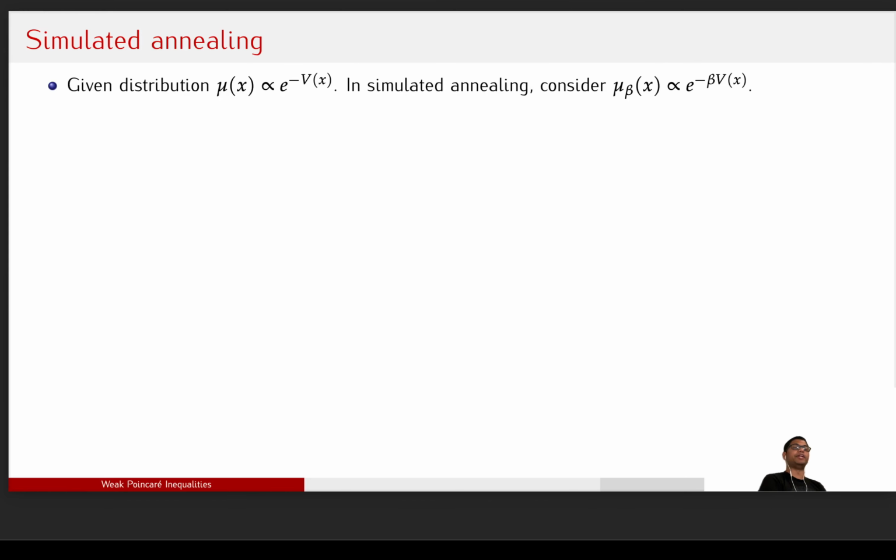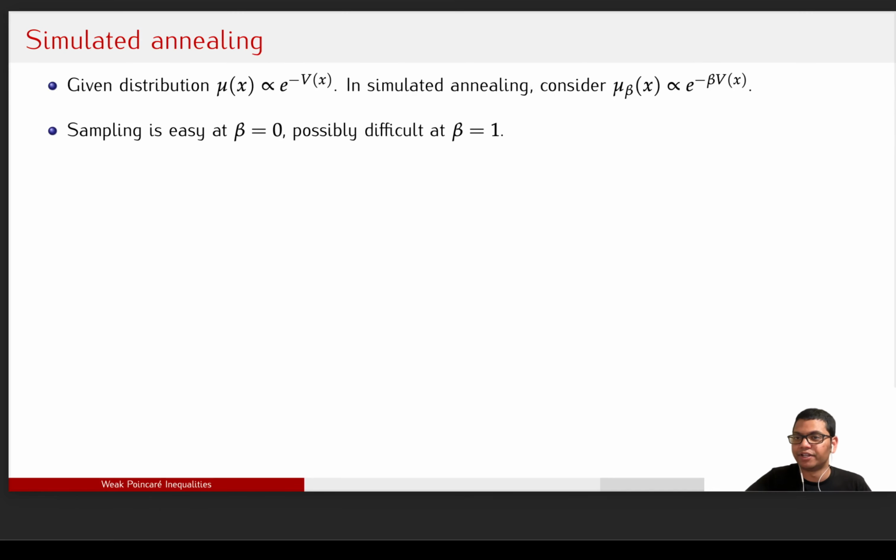Okay, so now let me describe the simulated annealing scheme, which is a way to devise a good initialization for Langevin dynamics. So given this distribution mu, which is described by the Hamiltonian V, let us consider a whole family of distributions that interpolate between the uniform distribution and the distribution mu we actually care about. And in particular, we're going to define mu beta as the distribution described by beta times the Hamiltonian, where the Hamiltonian is a scaled down version of the original Hamiltonian.